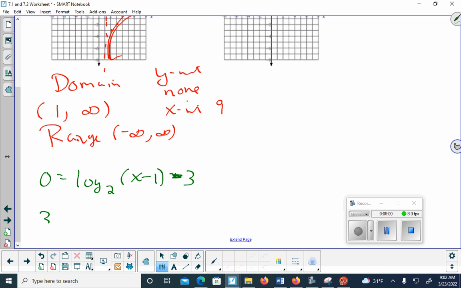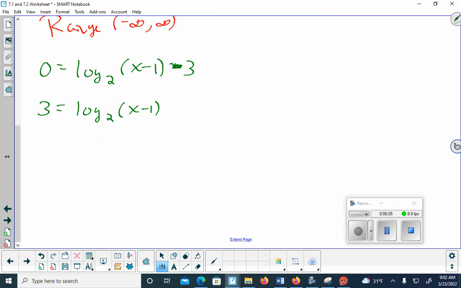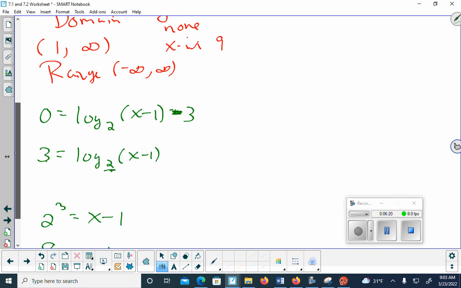Add 3 to both sides, so 3 equals log base 2 of (x minus 1). I'm going to rewrite this as an exponent: my base is 2, this 3 is my exponent, equal to x minus 1. So 8 equals x minus 1, and x equals 9.